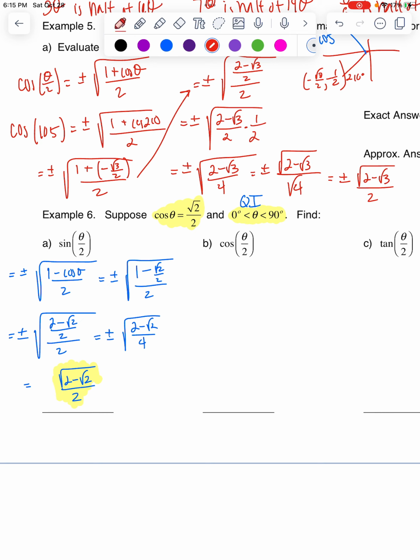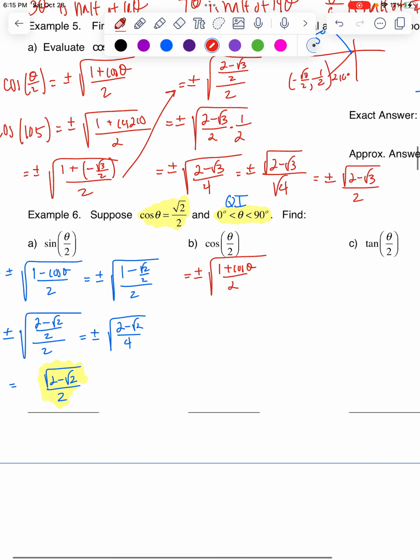Okay, so let's go on to part B. We're now dealing with the half angle formula for cosine. So this is a plus or minus the square root of 1 plus cosine of theta, divided by 2. And again, I'm going to plug in my cosine value of root 2 over 2. So we have 1 plus root 2 over 2, all over 2.